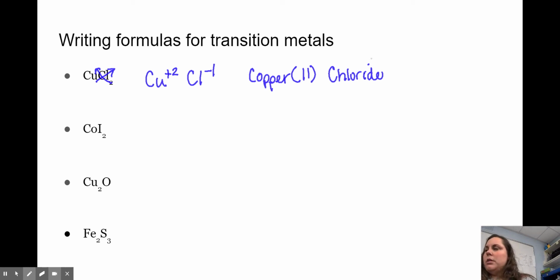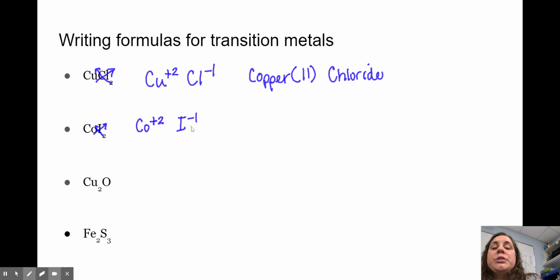Okay. It's a lot to remember as we go through these. In the next example, I have cobalt iodide. So I'm going to cross the charges up. It's telling me that my cobalt is +2. My iodine is -1. Check that on the periodic table.